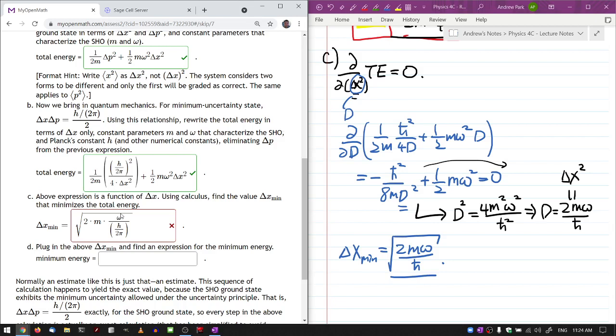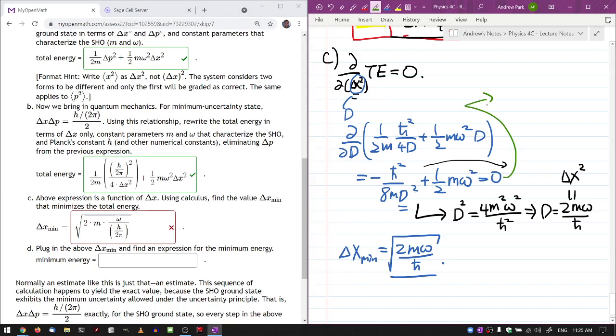I see. I think this is the reciprocal of what I should have written. Yeah, sorry. This is what happens when you try to do the algebra in your head. So the thing that I was trying to do in my head was 1/2 m omega squared equals h bar squared over 8m D squared. Solve it for D squared.